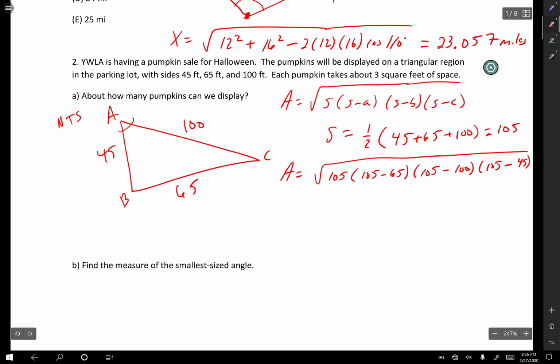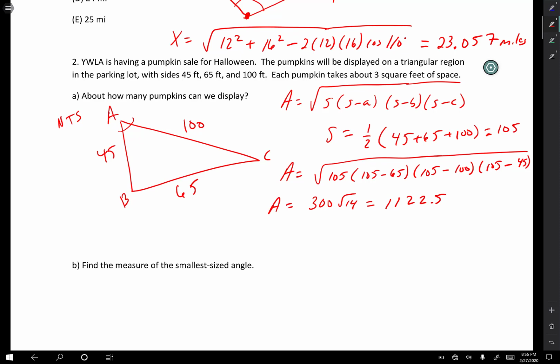And I get the area is, if I didn't make any mistakes, 300 square root of 14, which is the same thing as saying 1,122.5. Let me just make sure.